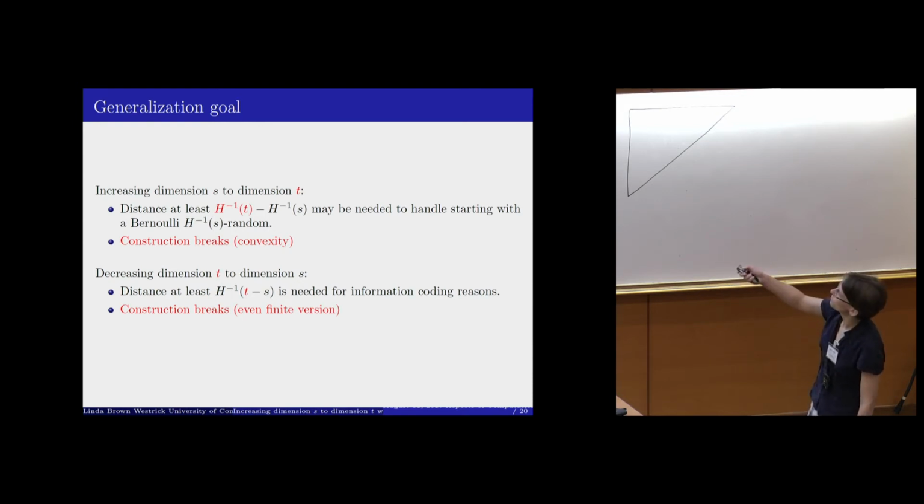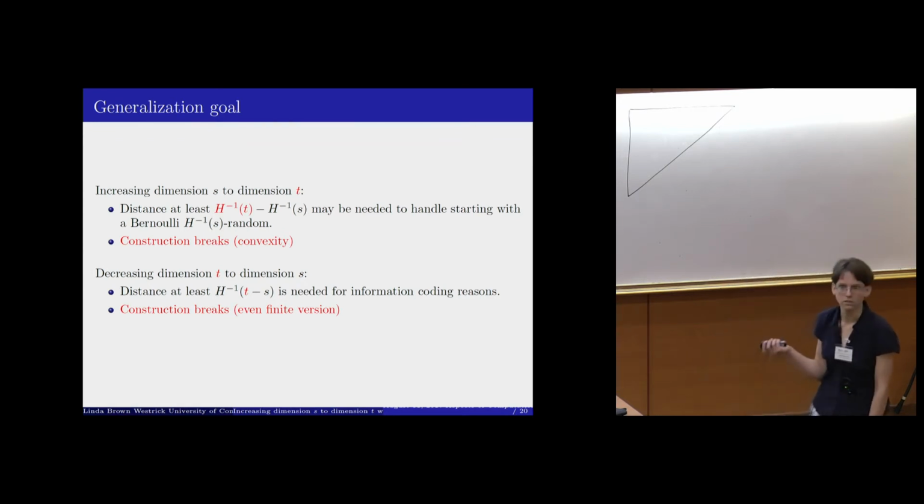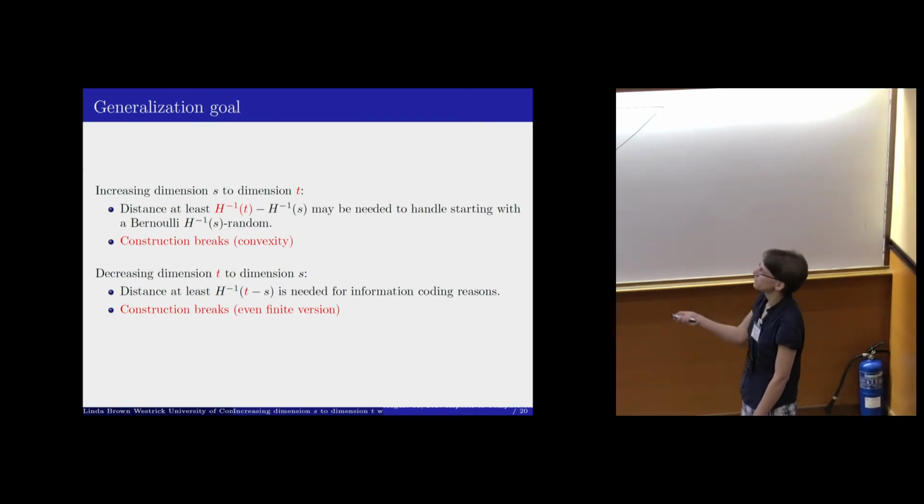And if we are decreasing from dimension t to dimension s, then the same information coding argument shows that this is the naive bound on the distance. But both of the constructions break, and they break for different reasons. The construction that I showed you second, but which I'm going to continue talking about now, this convexity argument, is going to break.